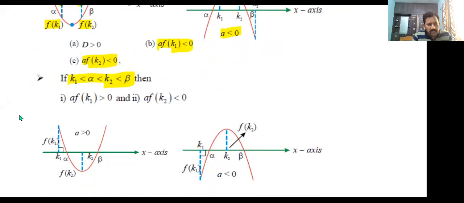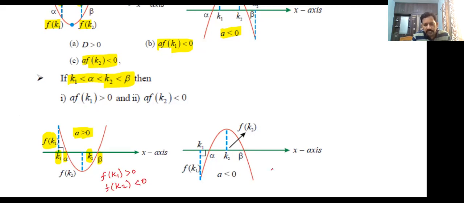So here, this is k1, this is k2. Here is alpha, here is beta. A greater than 0. Then what is f of k1, students? f of k1 positive, f of k2 negative. Okay.